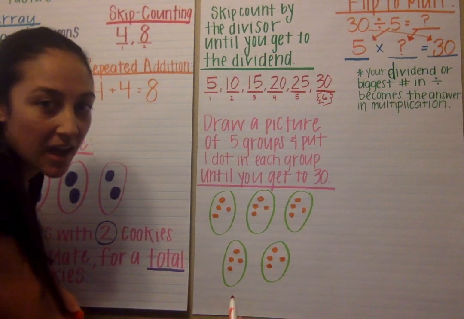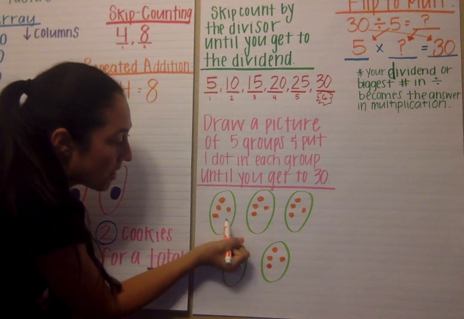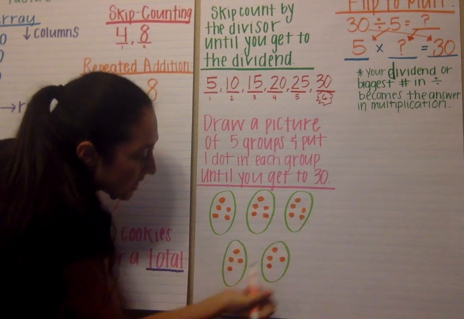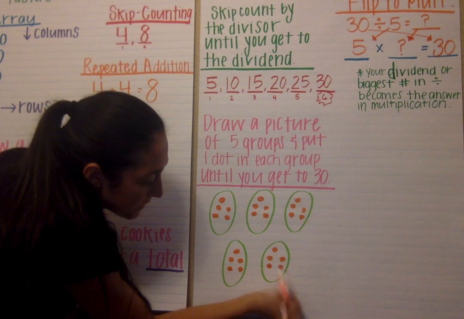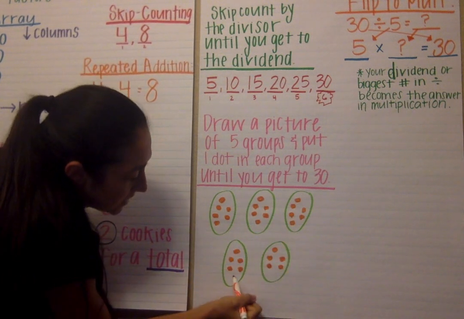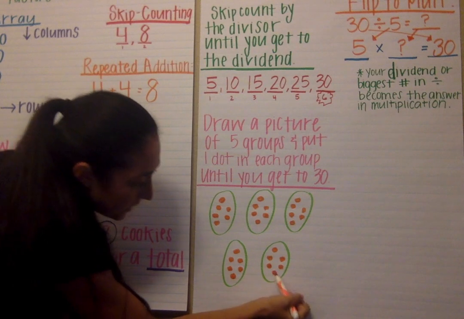I'm still not there yet because I have to get to 30, so I'm going to keep going. 21, 22, 23, 24, 25, 26, 27, 28, 29, 30.